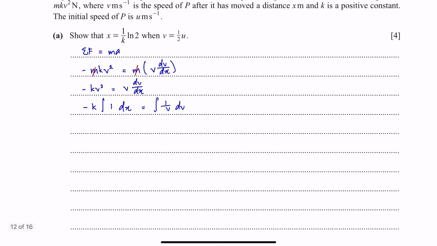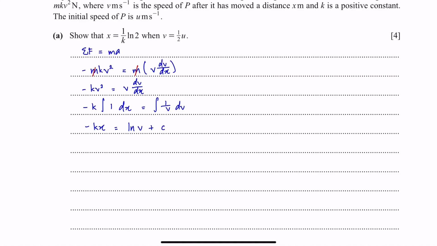So we can integrate both of them. So we get negative kx equal to ln v plus c. c is just a constant that we have to find. So how do we find that constant? We know that the initial speed of P is u. So that means when x equals 0, v would be equal to u.